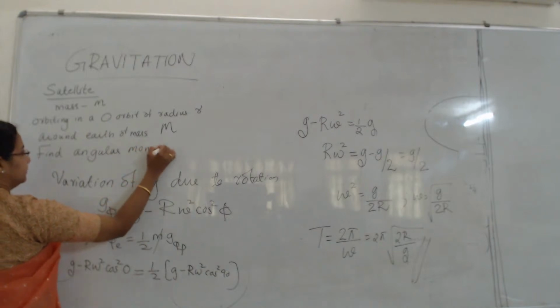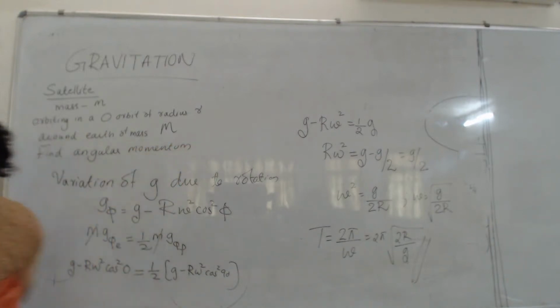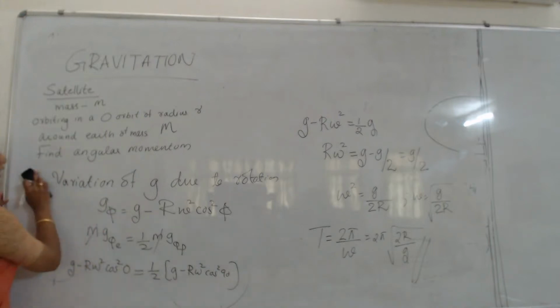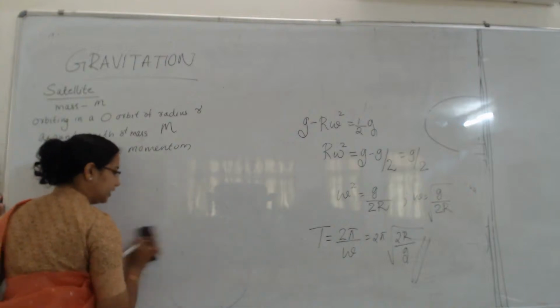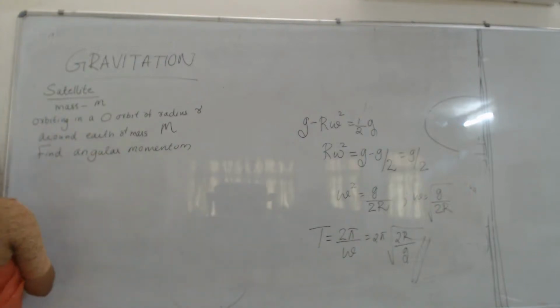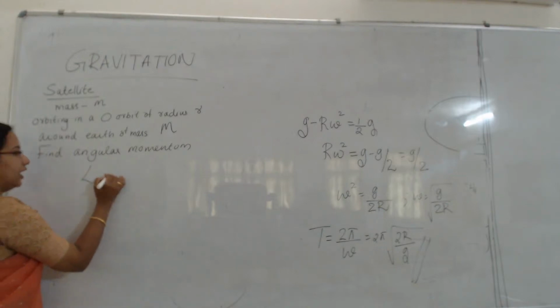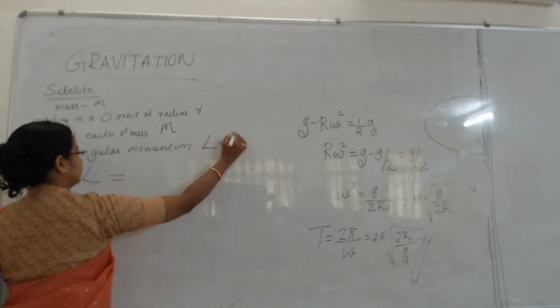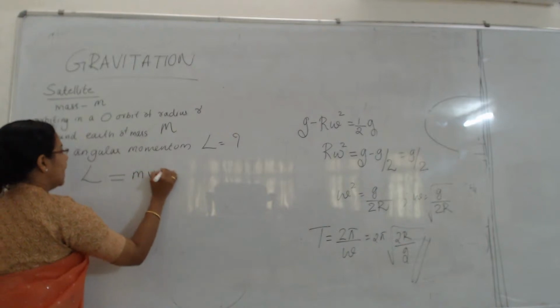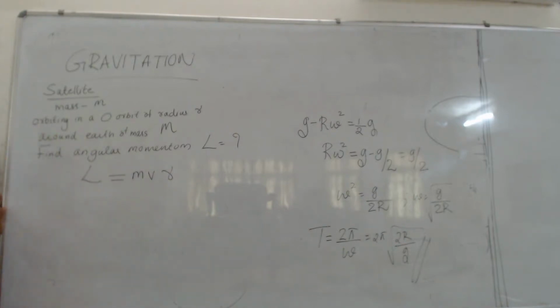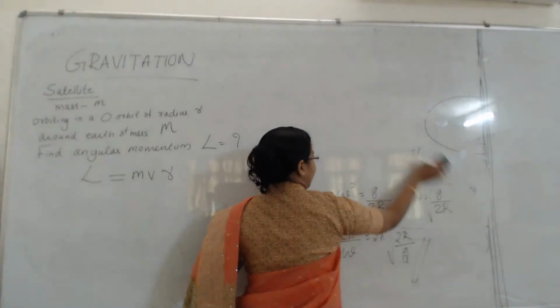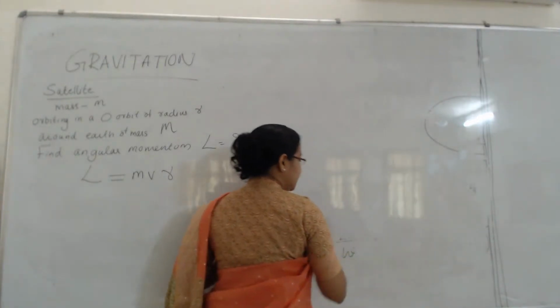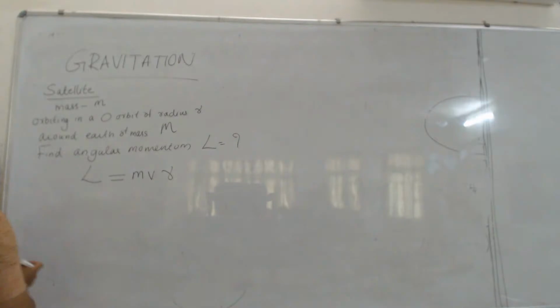Angular momentum, we already learned in the last chapter. L is equal to mvr. We have many relations for angular momentum, but here we can use L is mvr. Here m and r we don't have any problem, v we have the problem. How to find v? When a body is moving in a circular orbit of radius r, we should have centripetal force.